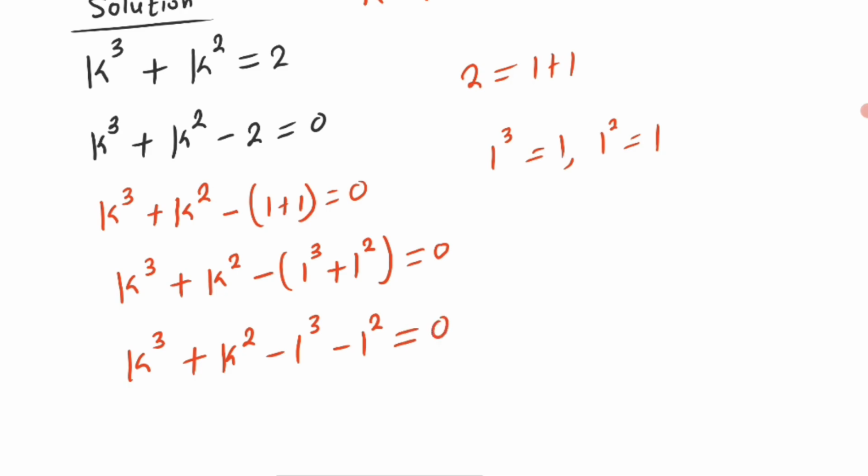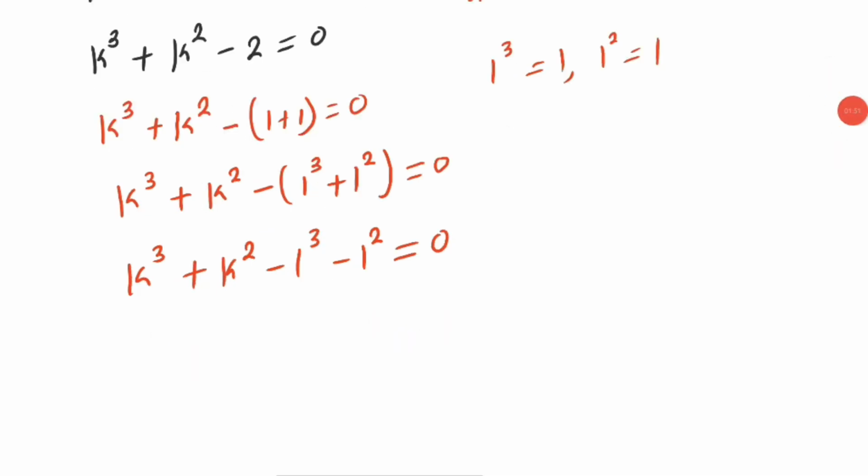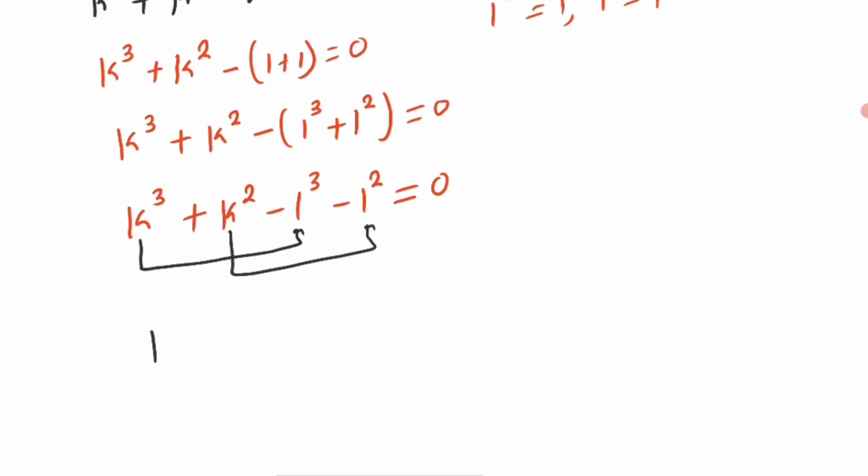is equal to 0. Now at this point, let us pair this to this and this to this. So we have k raised to power 3 minus 1 raised to power 3, bracket, plus this k square minus 1 square is equal to 0.